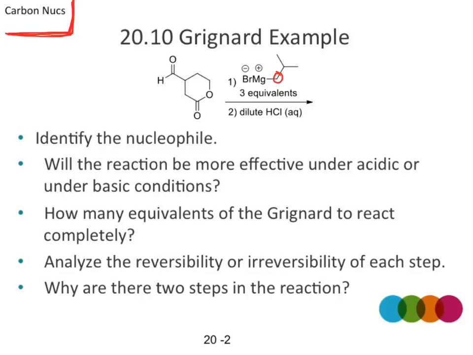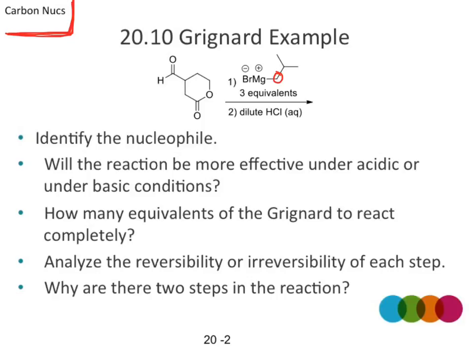Would we expect this reaction to work well if we made it acidic? What would the Grignard reagent act as? A base. Accepts the hydrogen, we no longer have a carbon nucleophile. Would we expect this reaction to work if it was under acidic conditions? No, lost the nucleophile. So we're looking at basic conditions for all Grignard reactions.